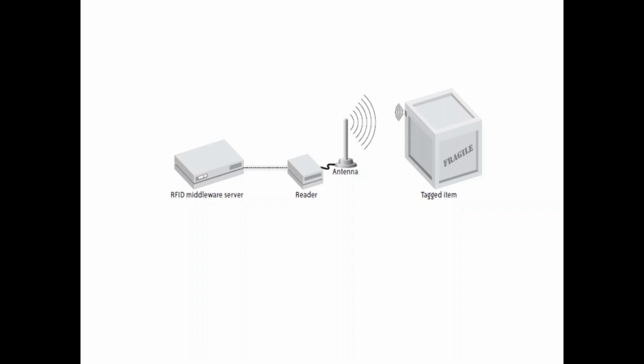Here it works through those three main components: an RFID tag, a reader, and an antenna. The RFID tag stores information in the form of an electronic code which can be read without direct contact when it comes near the reader, unlike barcodes. RFID does not require a line of sight, making it faster and more efficient for large-scale identification and data collection.